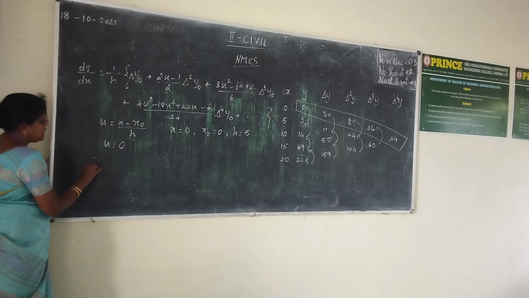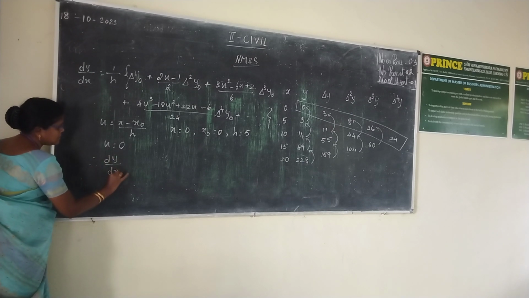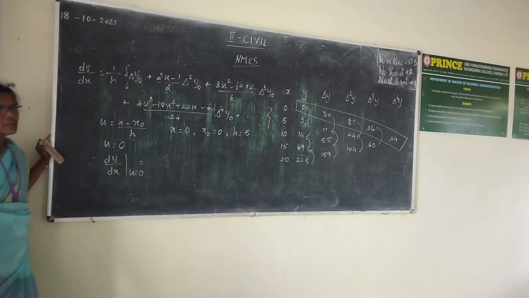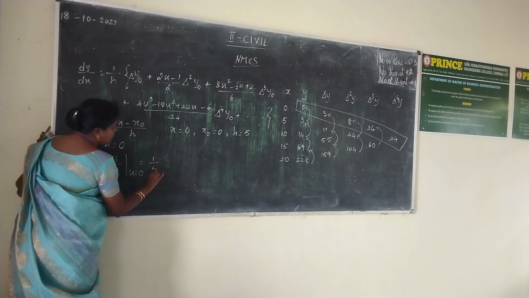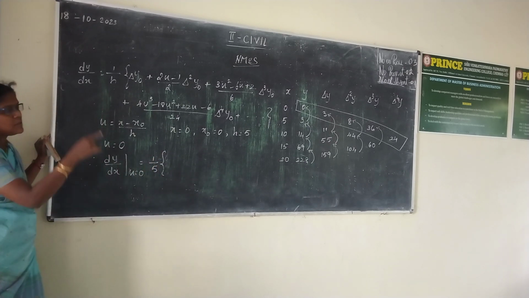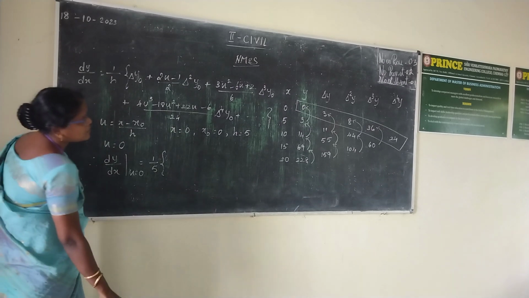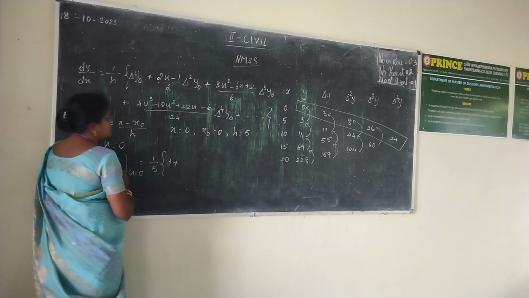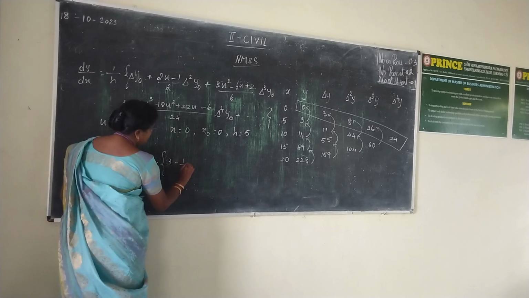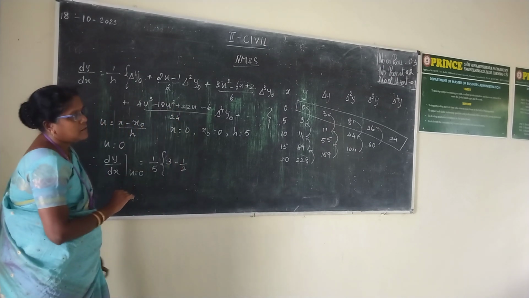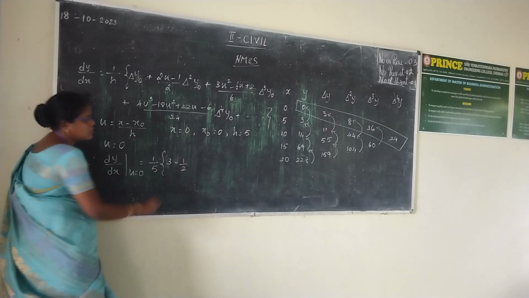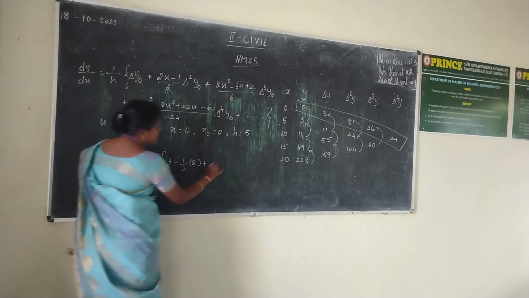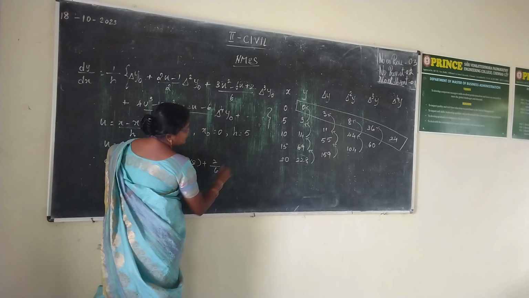So substitute. Therefore, dy by dx at u equal to 0 is equal to 1 by 5 into del y naught, the first value of del y, which is 3, plus the next term, which gives 2 by 6, so that value is 36.